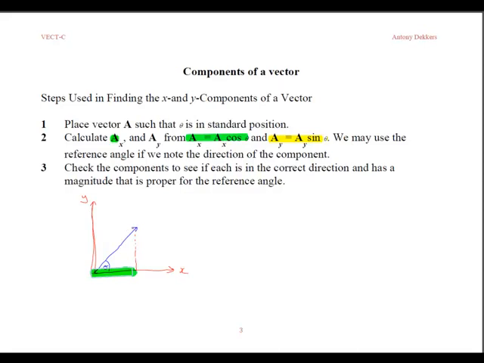There we are, the y component. Use our calculators to do that. When you do this, the diagram is everything. So make sure that you have the angle and the sides correct.